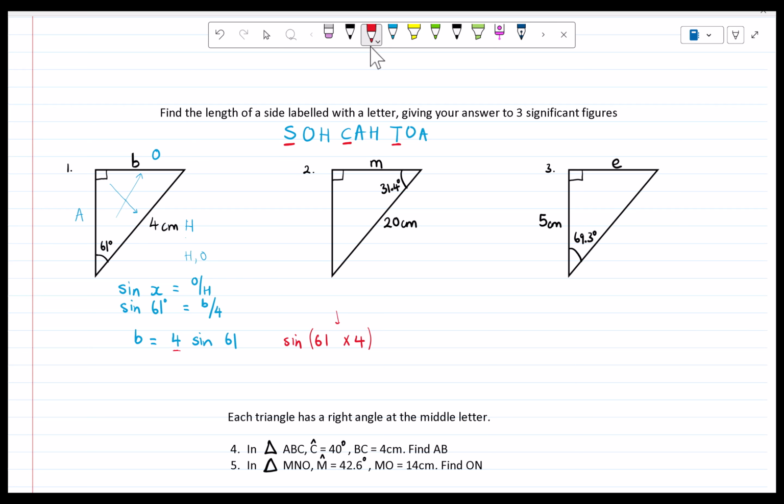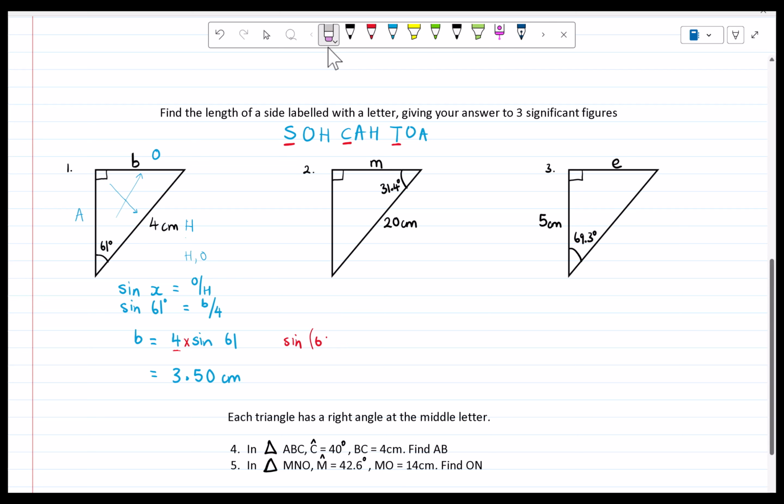So always make sure that you start with the number, in this case 4, as though it's 4 times sine 61. If we calculate this, we get our answer correct to 3 significant figures: 3.50 centimeters. That is the value of B, which is this side right there.